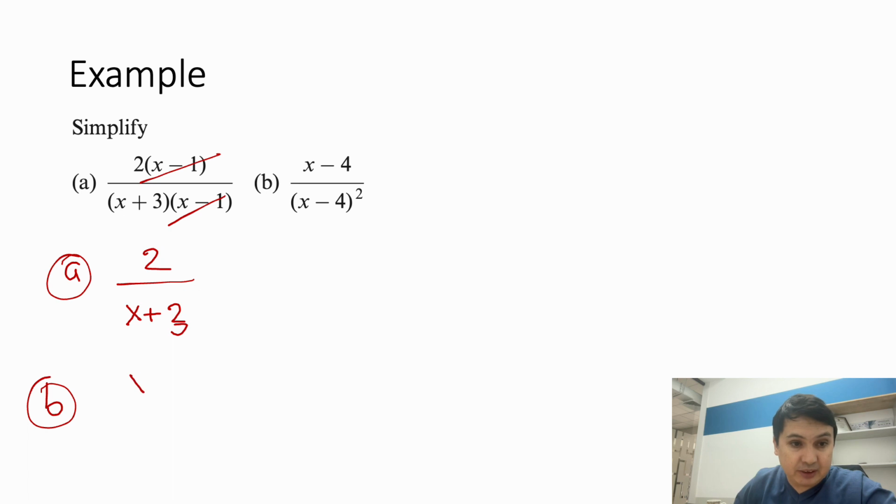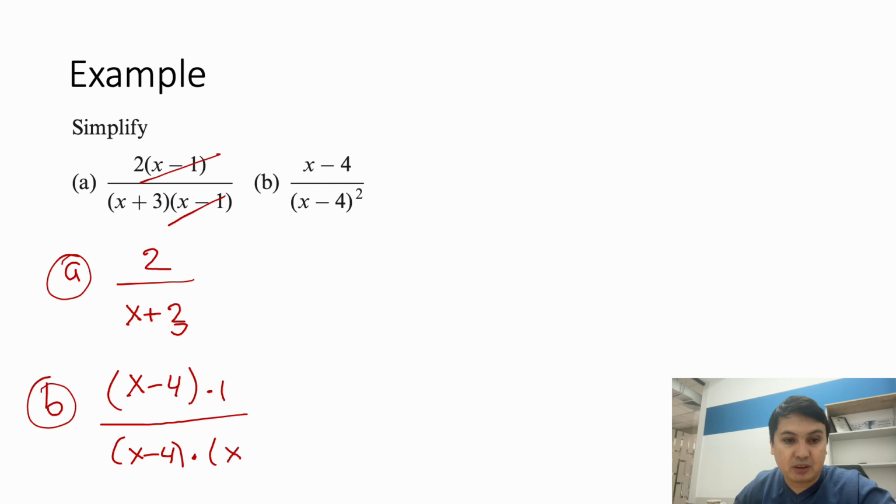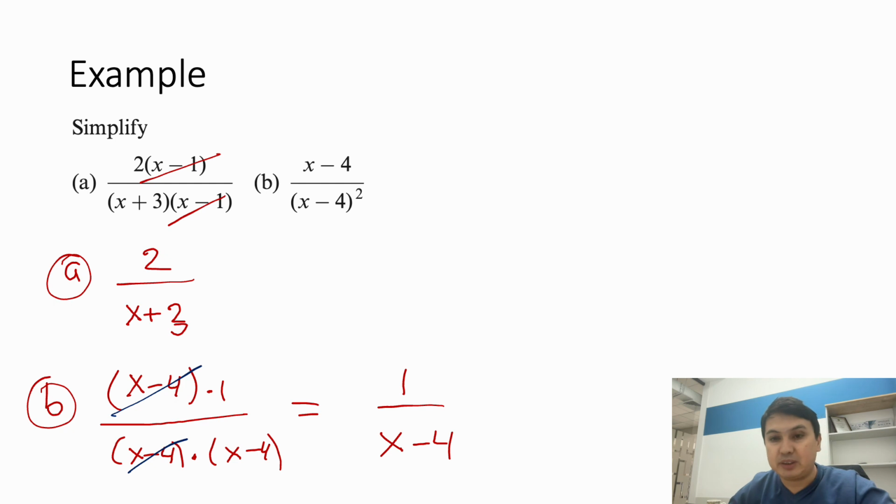Well, I can write the top as x minus 4, or times 1 if you like. Here, what does x minus 4 squared mean? It means you multiply x minus 4 by x minus 4. So now we see that x minus 4 is common, so I get 1 divided by x minus 4 once I simplify.